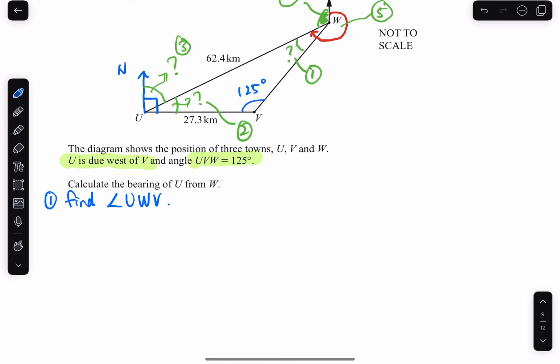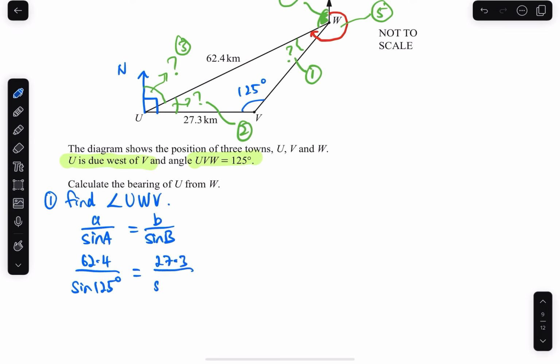The sine rule states that a over sine A equals b over sine B. Let's substitute what we know: 62.4 divided by sine 125 degrees equals 27.3 divided by sine UWV. This equation only has one unknown, so we know we can solve it.